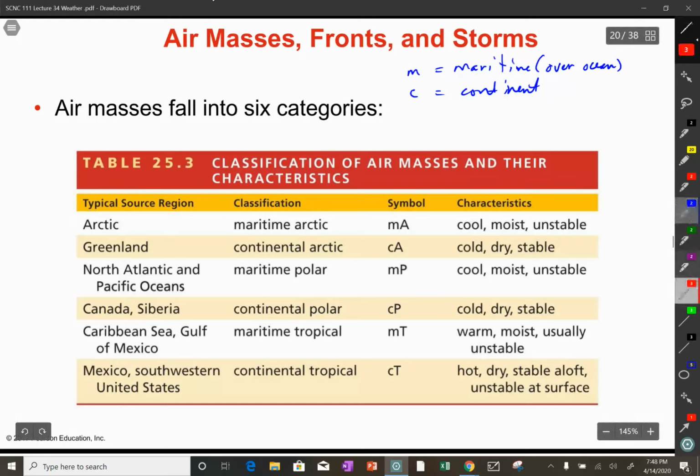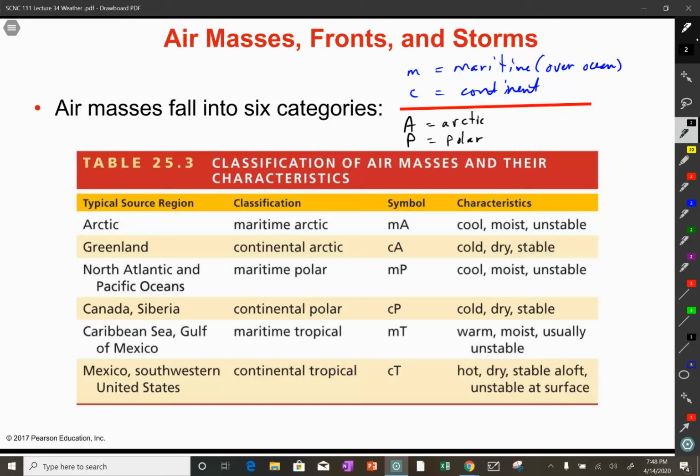And then for the last letter, the second letter, you have A for Arctic. The second letter is capitalized. P for polar. And I'll be honest, in my mind, polar and Arctic mean roughly the same thing. Arctic means north of the Arctic Circle, but that is the polar region. And then finally, we have T for tropical.